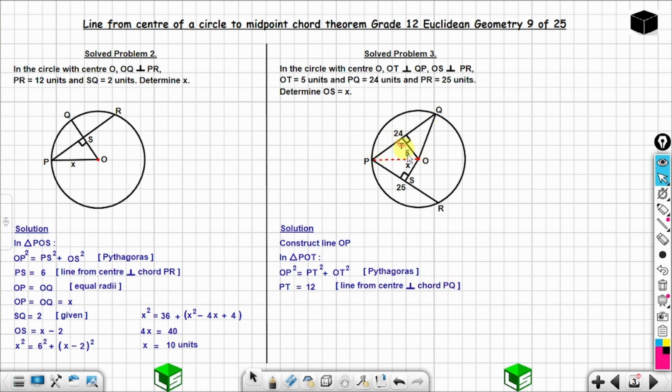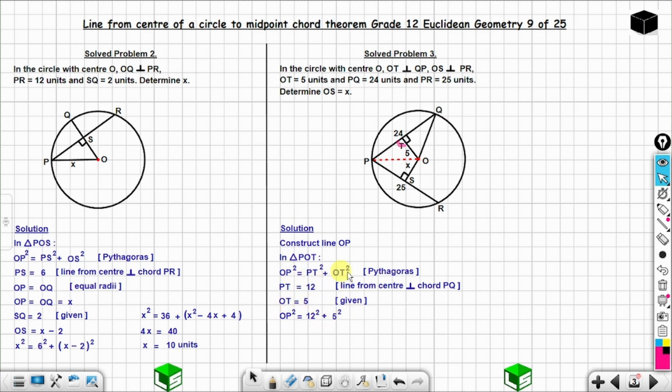You also have OT equal to 5. This is given. Now you have PT and OT, so you can find OP. OP square is equal to PT square, PT is 12, plus OT square, 5 square.